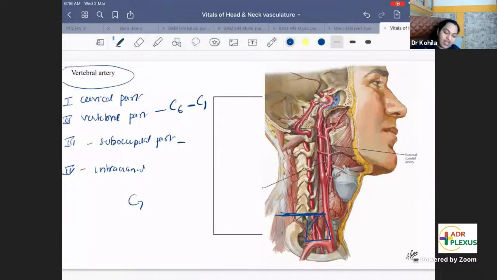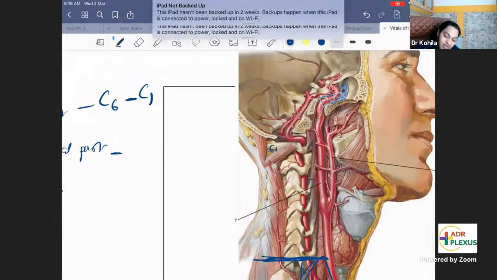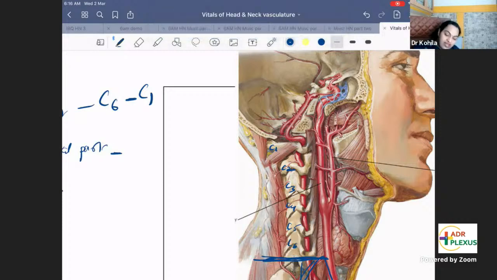And the third part is this one. So this is your C1, this is C2, C3, C4, C5, C6. Okay. So the third part is in the region of the suboccipital triangle.